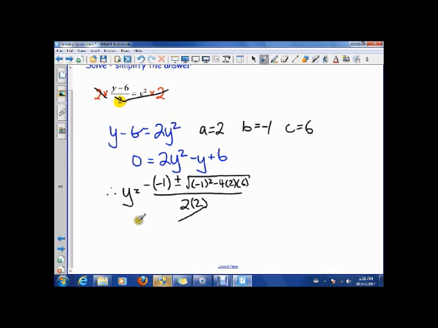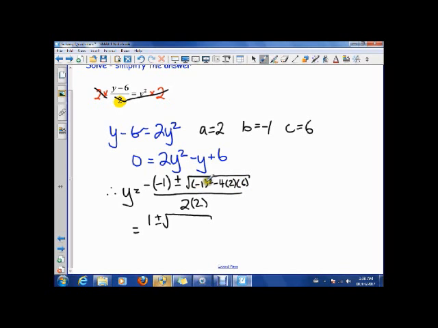Okay, so now let's simplify that. So we get negative 1 is positive 1, plus or minus the square root of 1 minus 4 times 2 times 6 is 48.